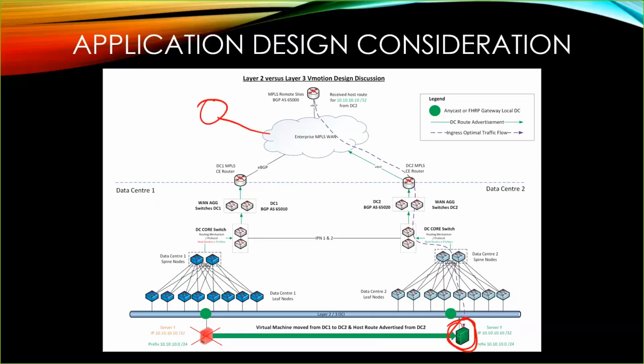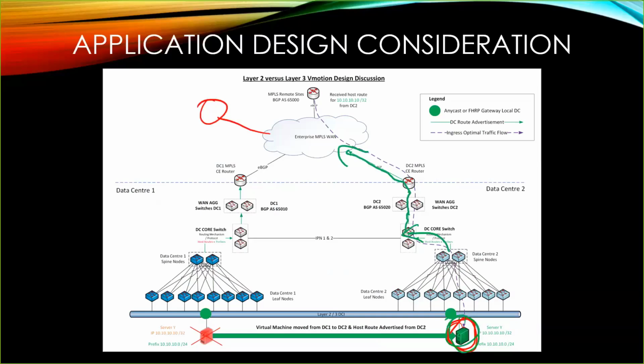So the server moves across, and then the spine advertises the host EVPN route into the core switch, and you see this green line, it advertises the fact that the host route is now present in data center 2.